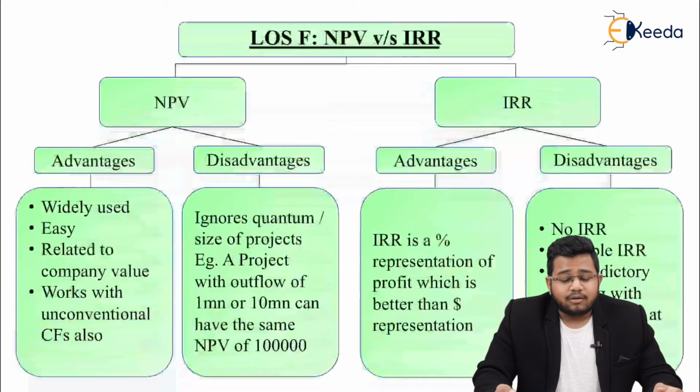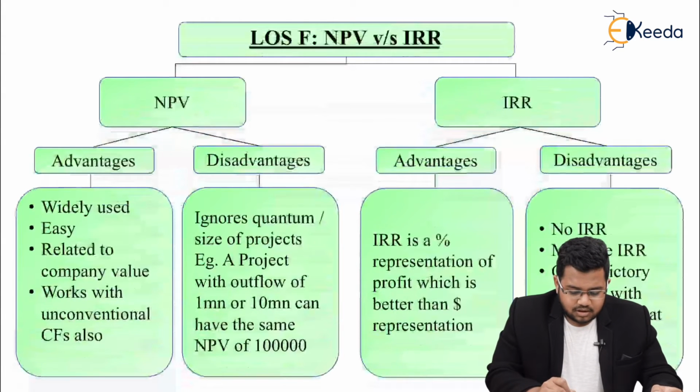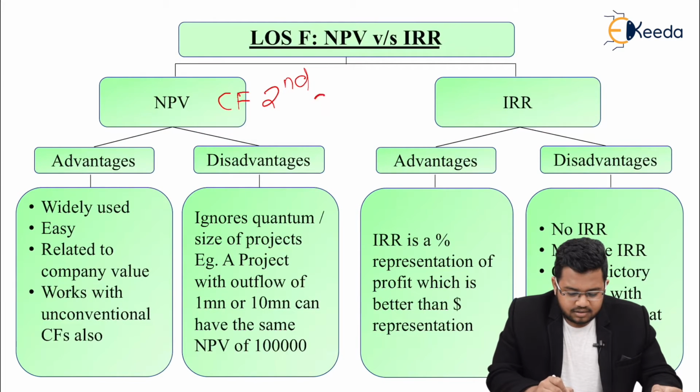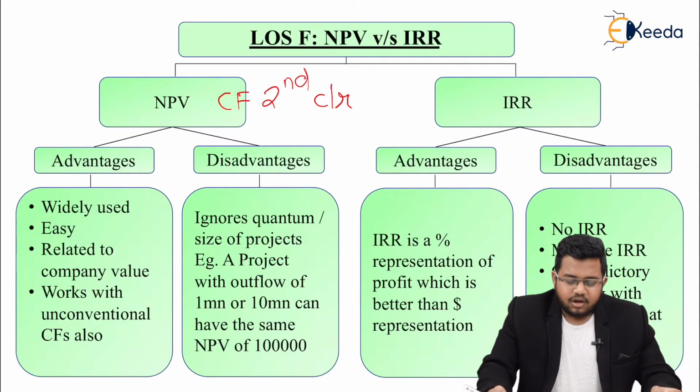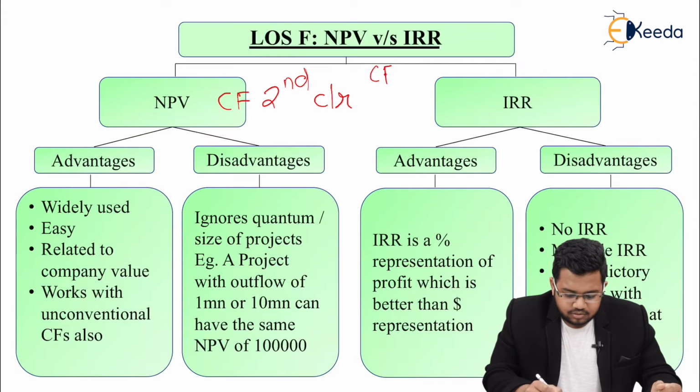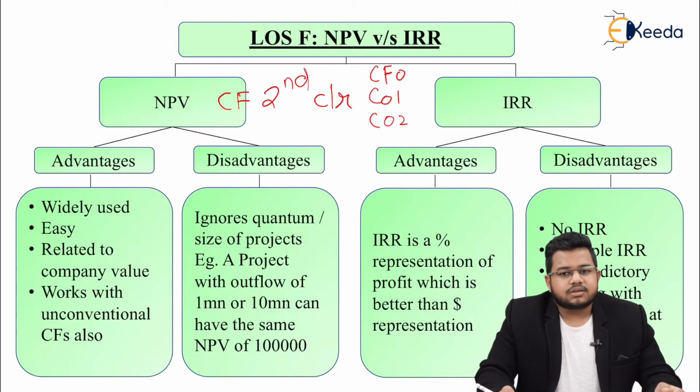We studied the calculator method of finding NPV and IRR. If you can just recollect, first we would press CF, second clear work. We used to start with this, then we used to enter CF0, then C01, then its frequency, C02 frequency, and so on.